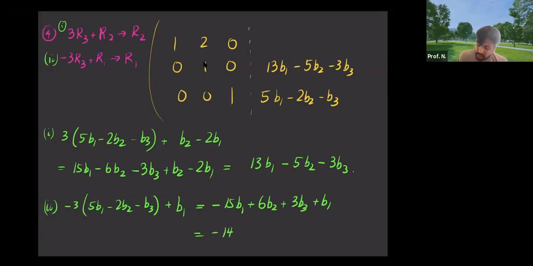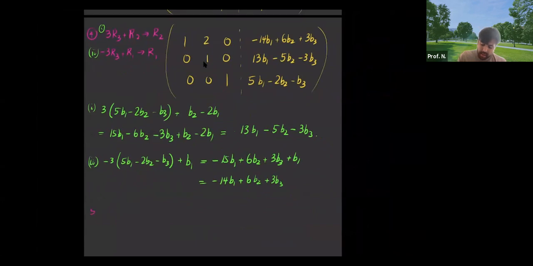This equals -14b1 plus 6b2 plus 3b3. So this here is -14b1 plus 6b2 plus 3b3. Woo, we're almost there.